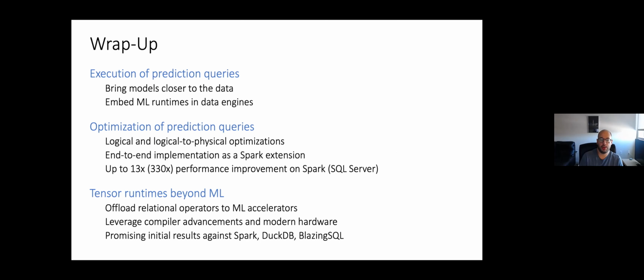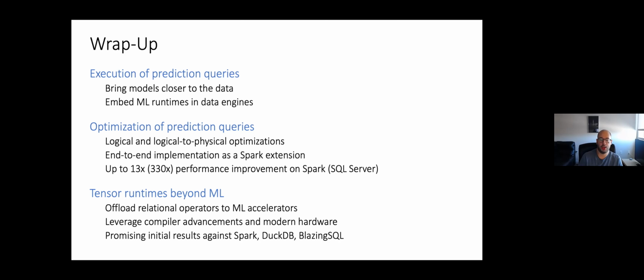I talked about logical and logical-to-physical optimizations. We have an end-to-end implementation in Spark, and we have different strategies to pick the right optimizations. And I showed you performance improvements up to 13x over Spark, the same plans up to 330x over SQL Server.